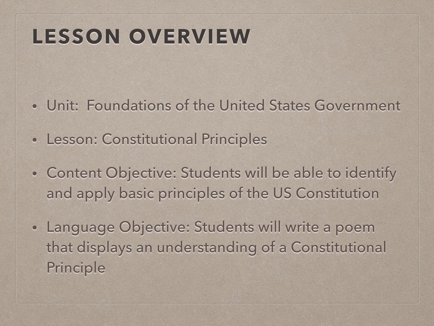In essence, the lesson was supposed to use art to allow students to show an understanding of one of the 5 basic beliefs that the Constitution was written under. It's an important lesson for the class because it sets the basis for the rest of the year in terms of taking these principles and then applying them to the actual government procedures and the rules for government that are used in this country.